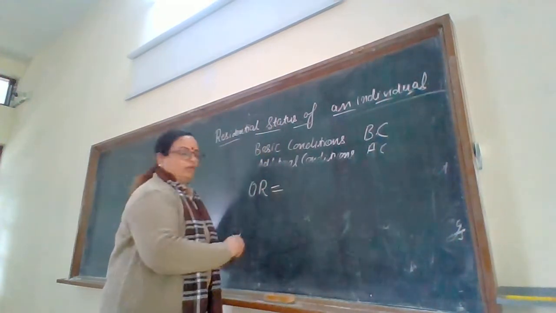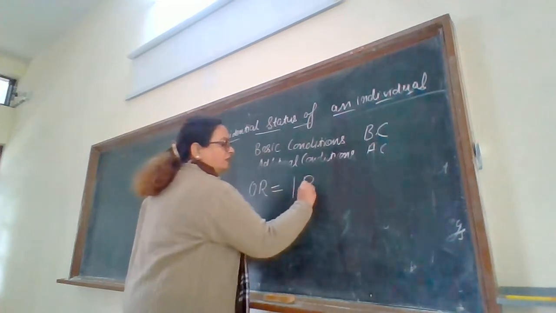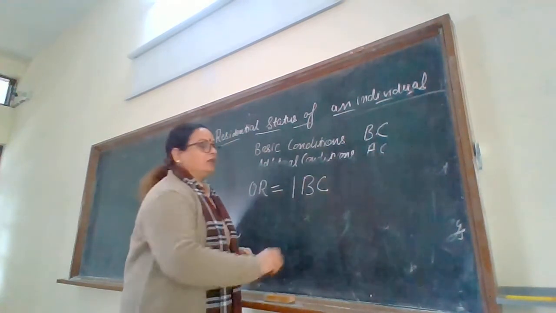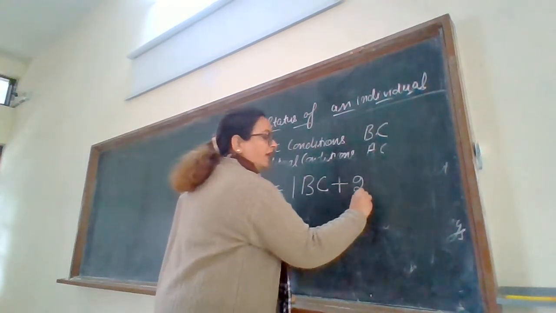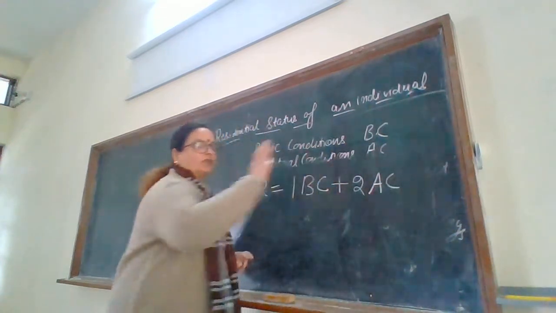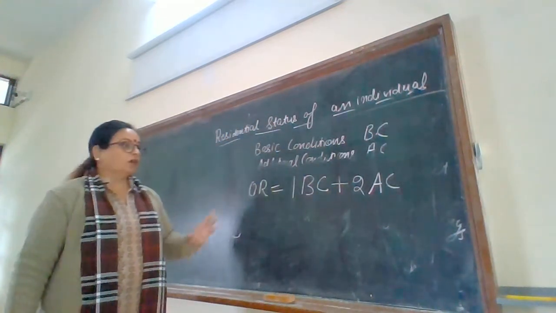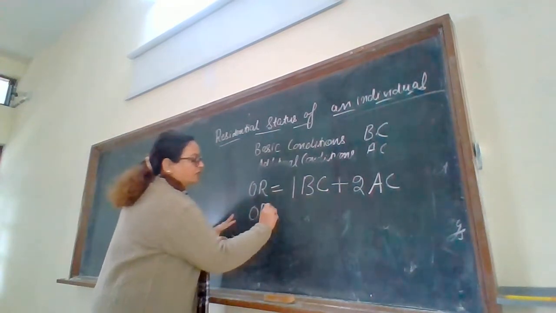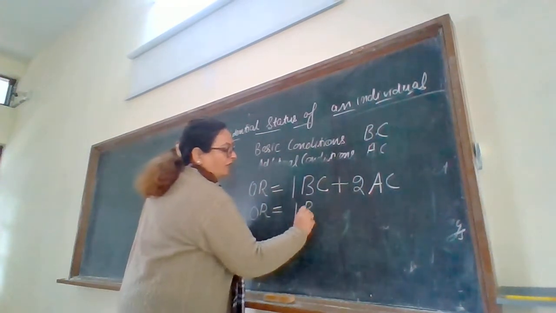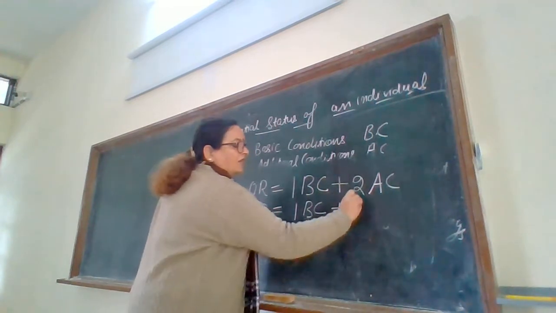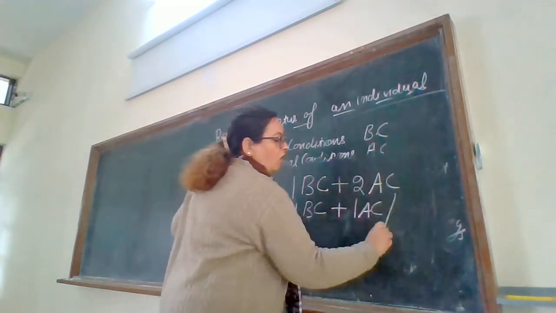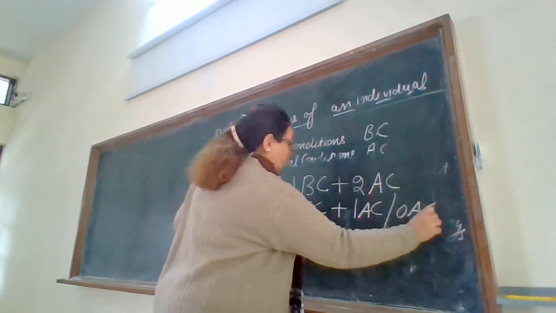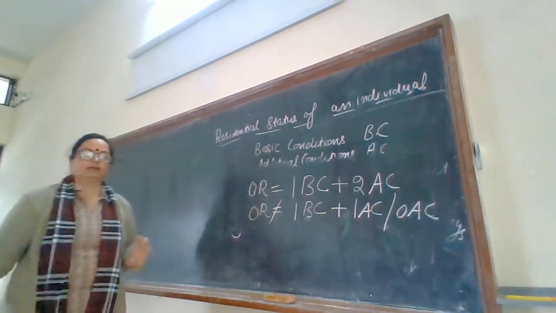So, in a nutshell, for becoming an OR, ordinary resident, an individual should fulfill one of the basic conditions plus both of the additional conditions. Then he will be OR. But if a person is fulfilling one BC plus one AC or 0 AC, he will not be OR.